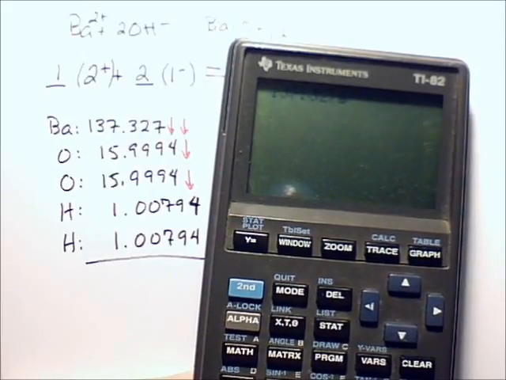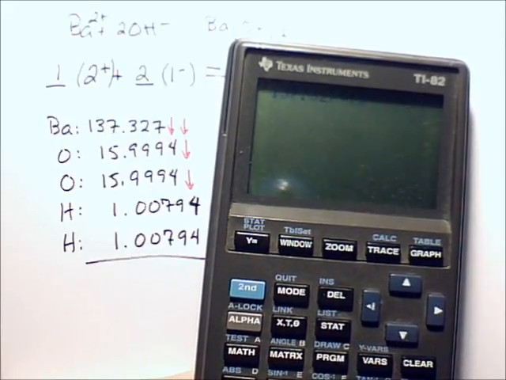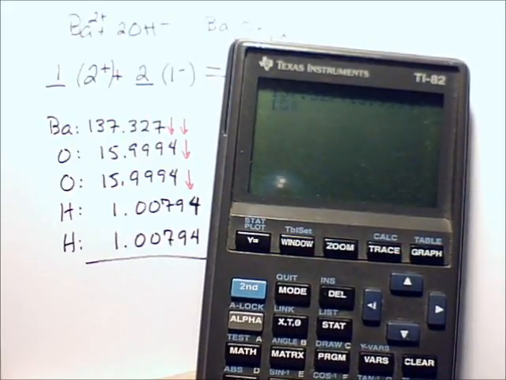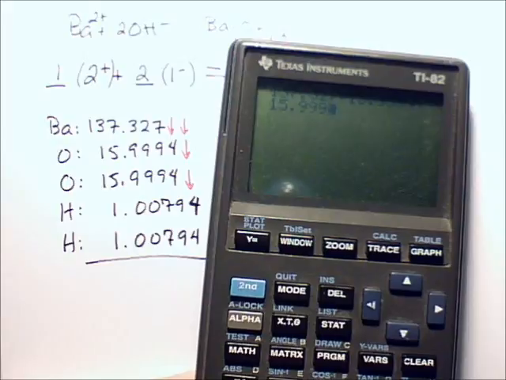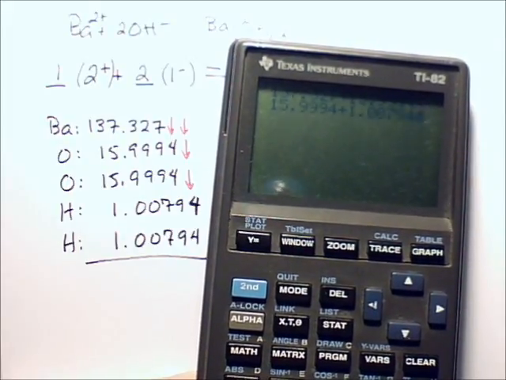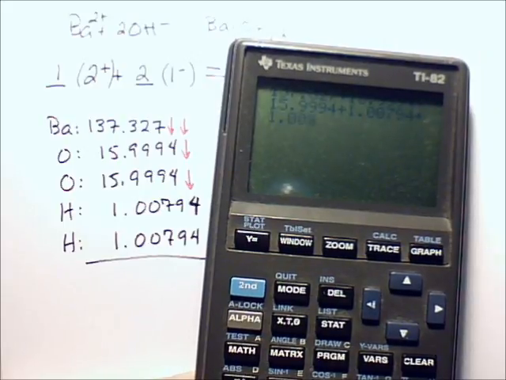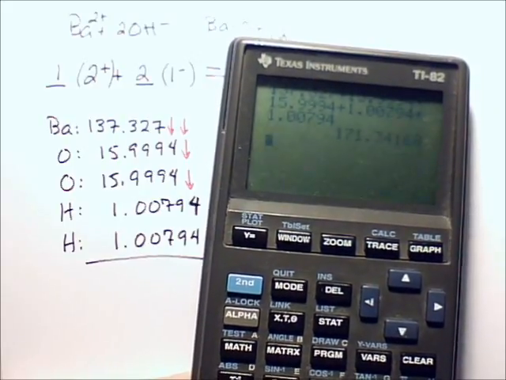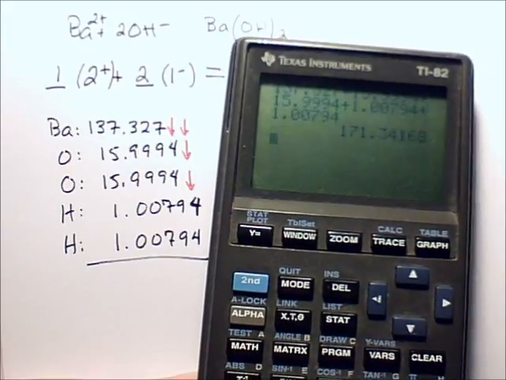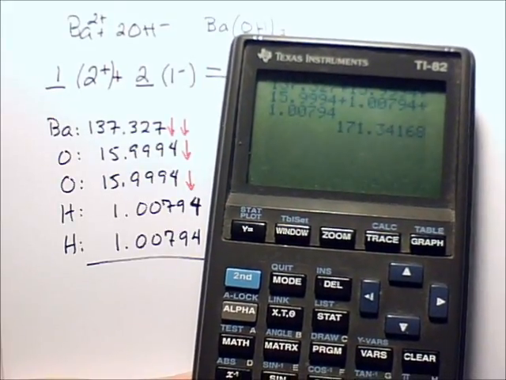137.327 plus 15.9994 plus 15.9994 plus 1.00794 plus 1.00794, and I got 171.34168.